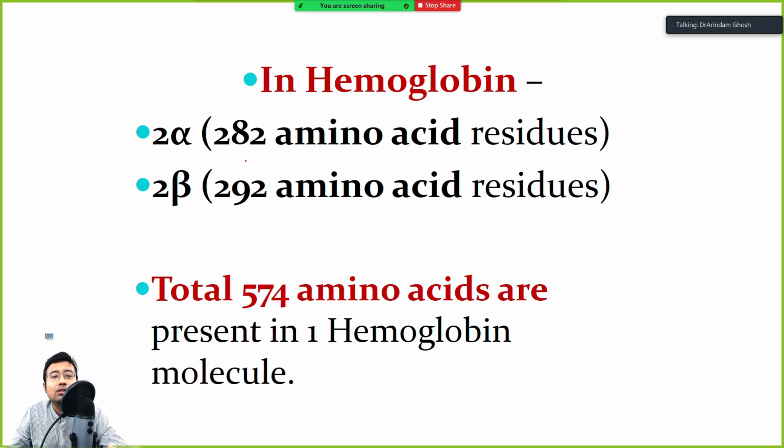In hemoglobin, since there are 2 alpha chains, you multiply by 2 and then add them to get the total amino acid residues. This is important for MCQ, because even if you don't remember the exact number of amino acids in alpha and beta, just remember the beta one is more compared to alpha, just 5 more each, and the total is 574.